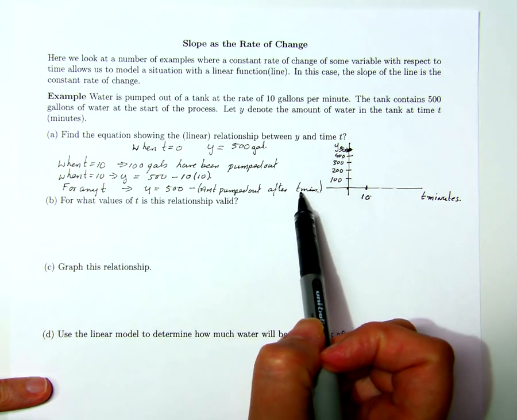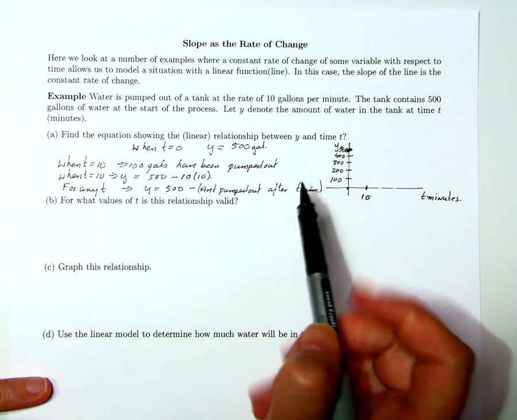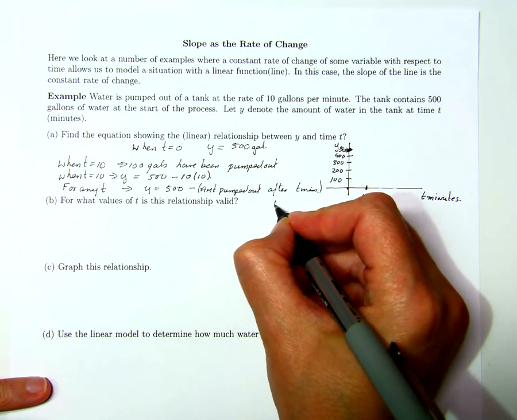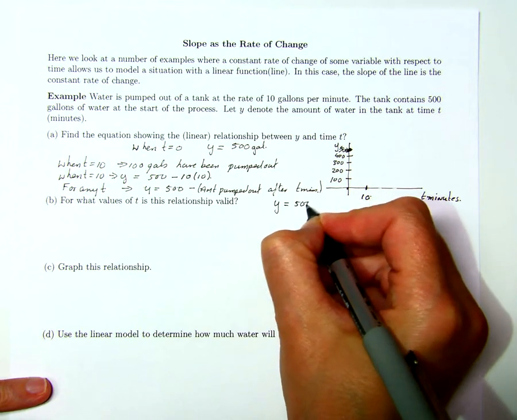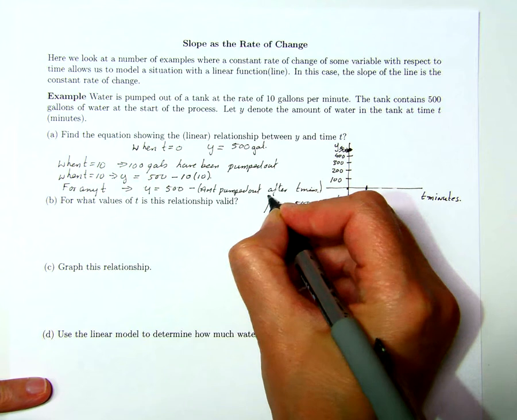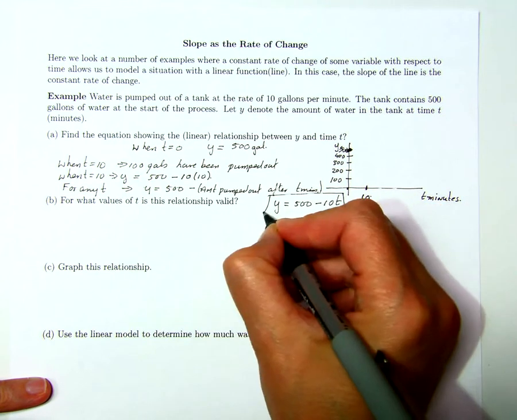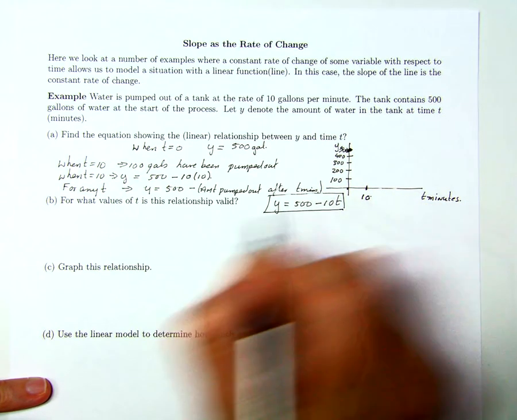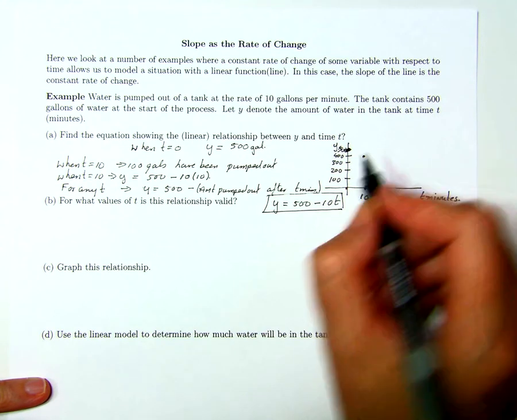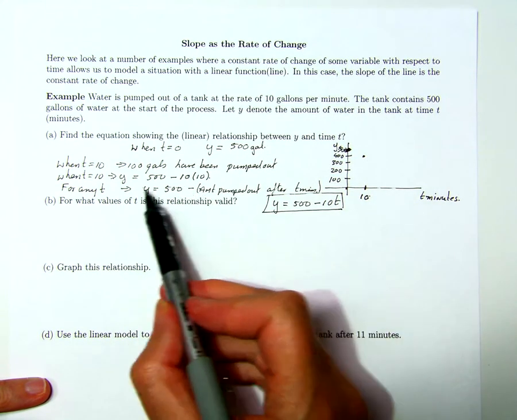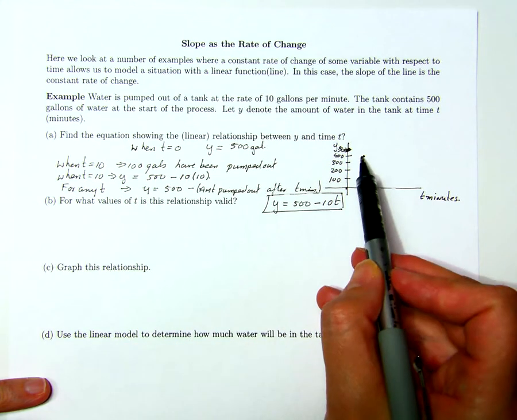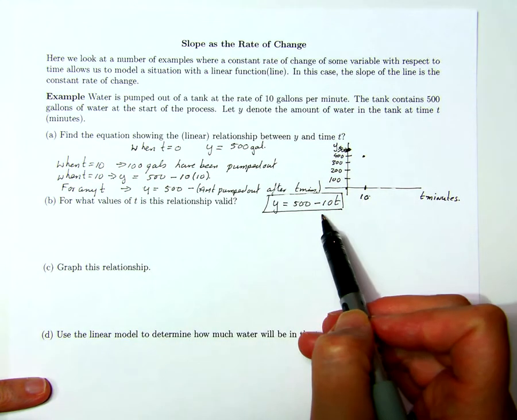So after t minutes, 10 times t gallons have been pumped out. So y is equal to 500 minus 10 times t. And this is the relationship between y and t. We have another point on the graph here. From this, when t equals 10, y equals 400.